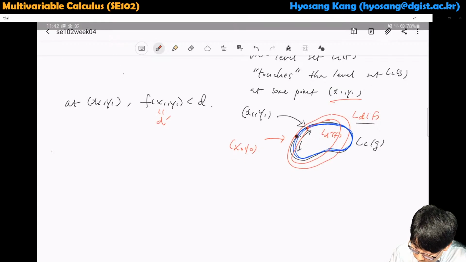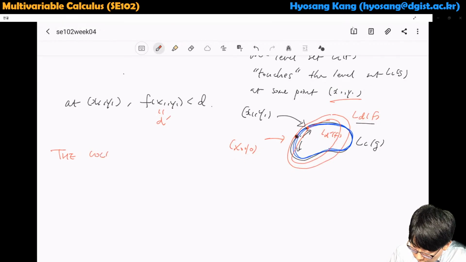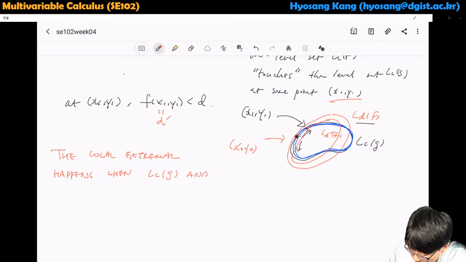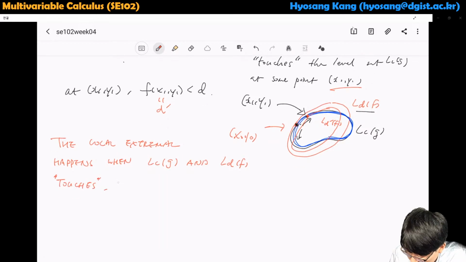So the local extremal happens when this LCG and LDF touch. What it means, in other words, is they are tangent to each other.